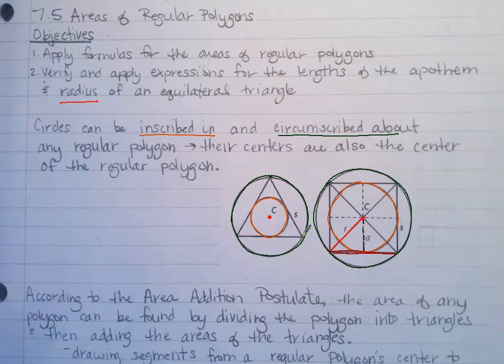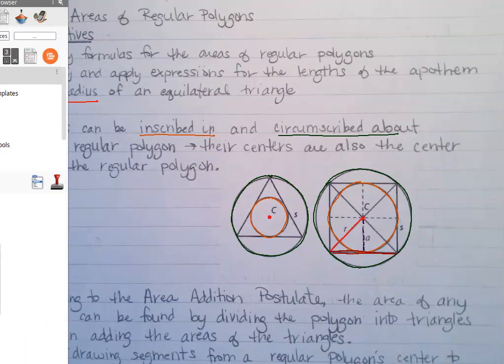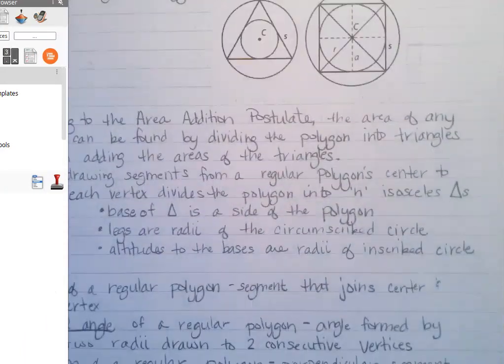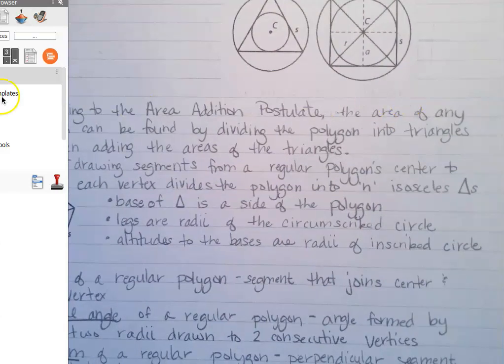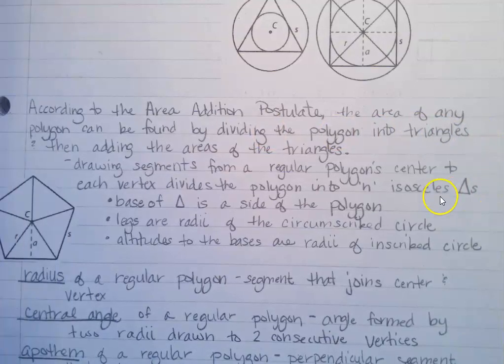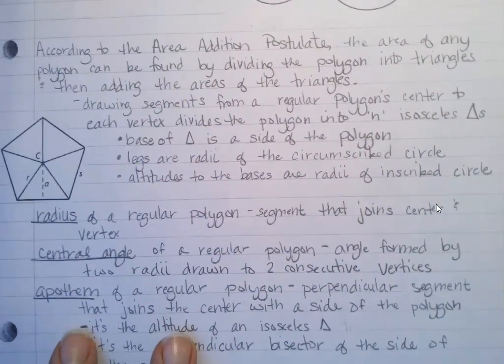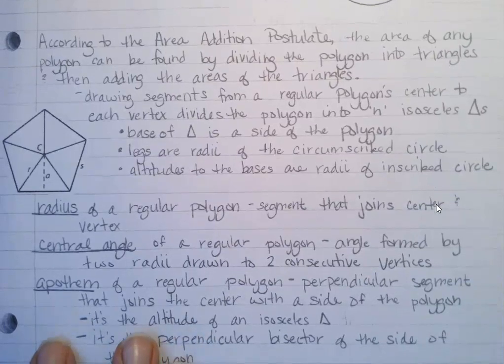Now we're going to review a little bit about the area addition postulate. I can't seem to get this box to go away today. There it goes. According to the area addition postulate, the area of any polygon can be found by dividing the polygon into triangles and then adding the areas of the triangles.